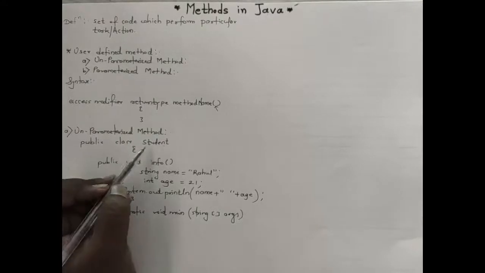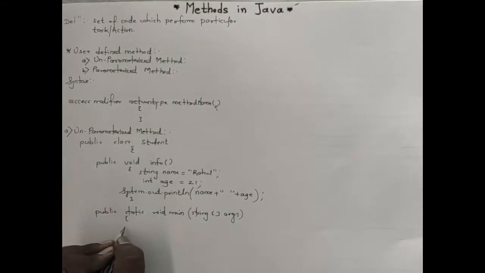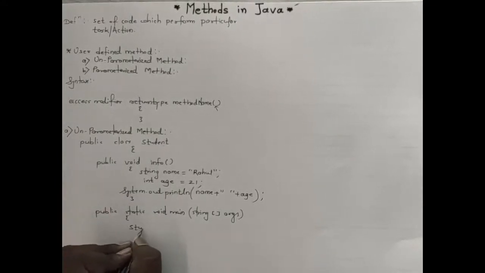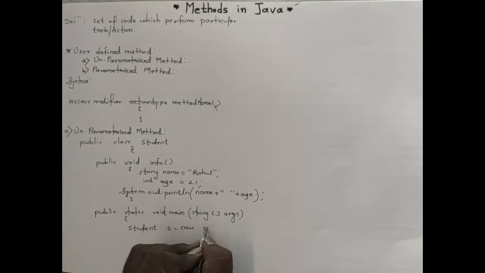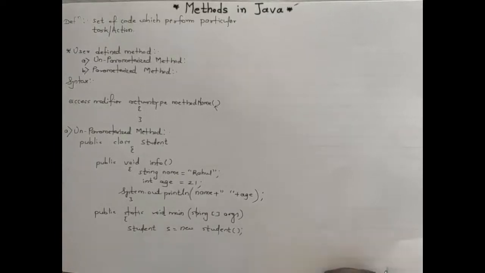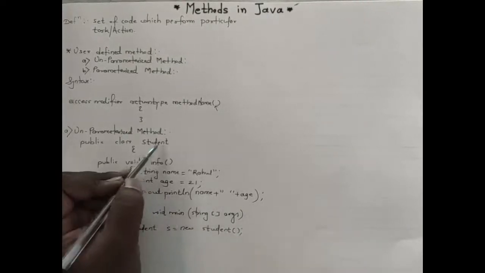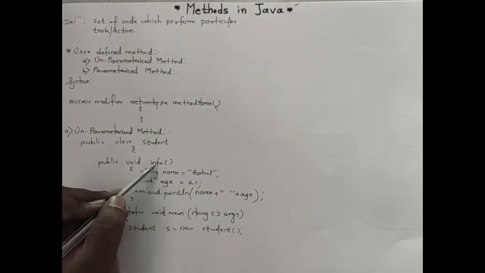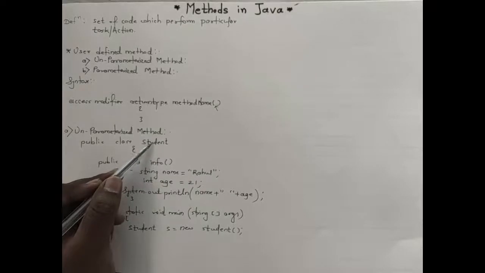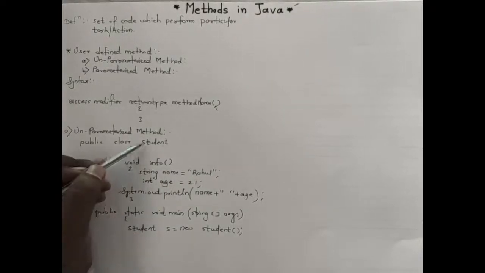We know the syntax of how to create an object: the class name, Student, reference variable, I use here s, is equal to new keyword and constructor. Constructor and class name are always the same. So you just observe, I created an object for the Student class because my purpose is to call this method, and this method is available inside the Student class. Hence here I created an object for the Student class.